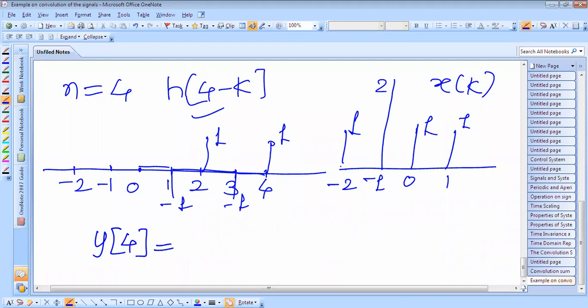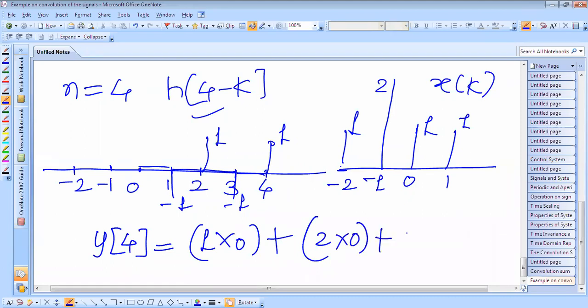So at -2 the input is 1, but the impulse response at -2 is 0 again. Plus at -1 the input is 2, but the impulse response at -1 is 0. Plus at 0 the input is 1 and the response is 0. Okay, at -1 it is -1.